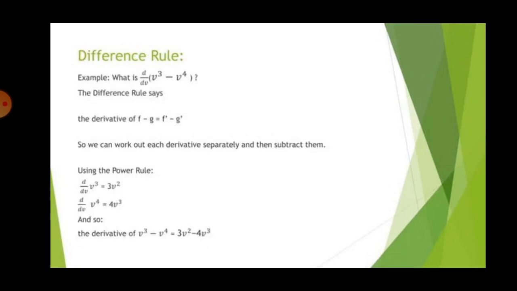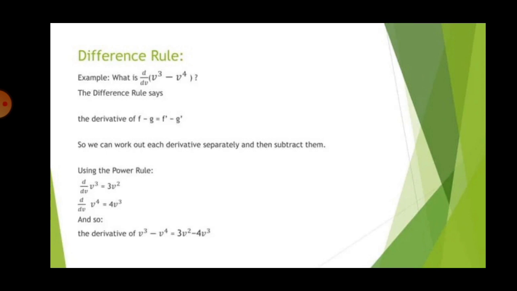Difference rule. Example, what is d all over dv of the quantity v cubed minus v to the power of 4? The difference rule says that the derivative of f minus g is equal to f prime minus g prime. So we can work out each derivative separately and then subtract them.